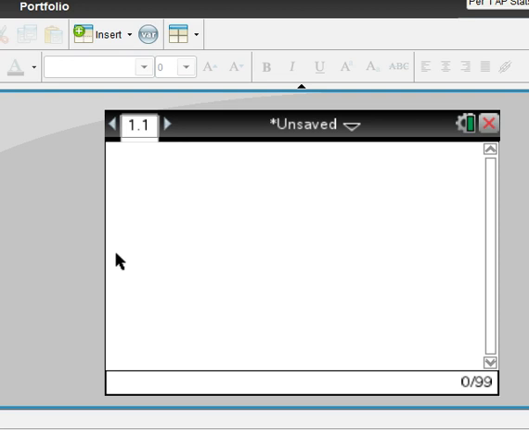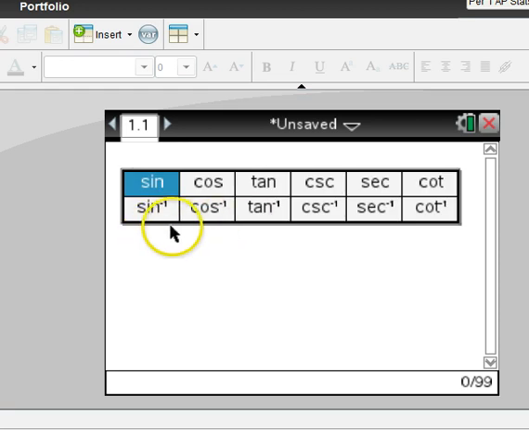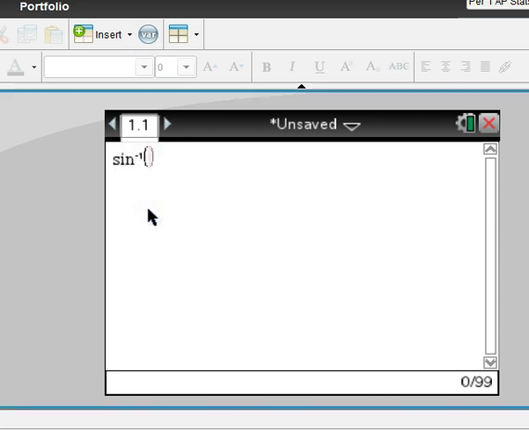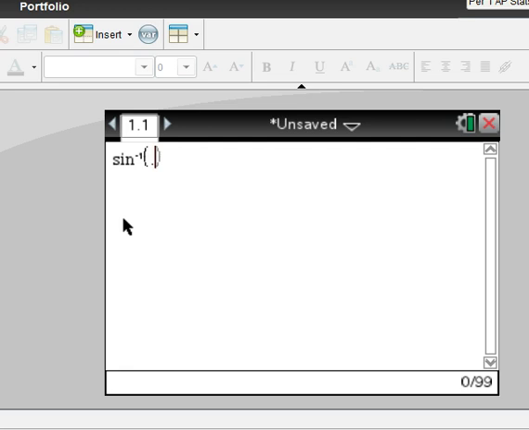I want to do inverse sine of 0.7, and that gives me 0.7753. Remember we talked about before that pi over 2 is about 1.57, so this is going to be less than pi over 2.